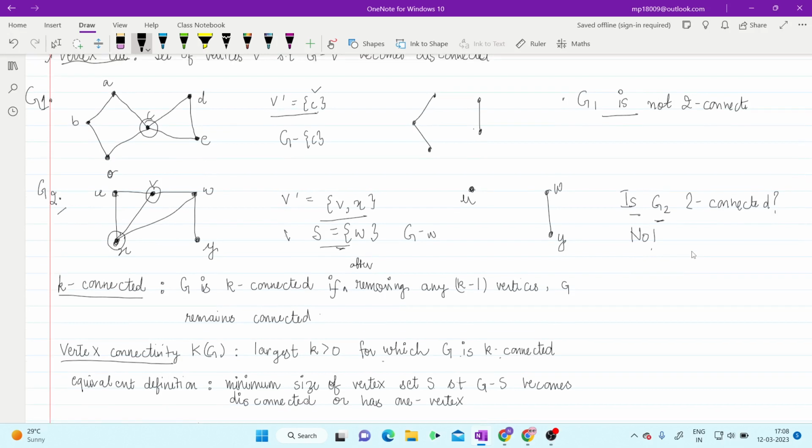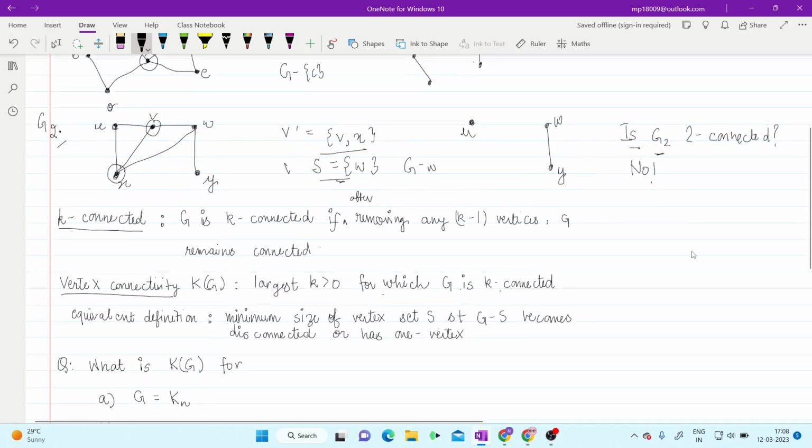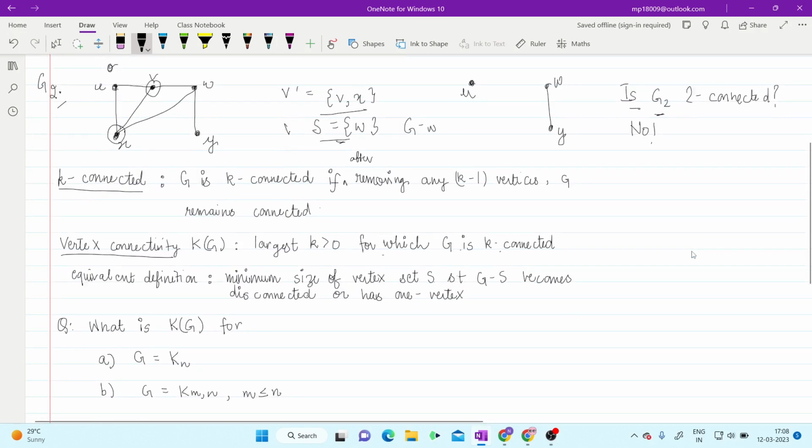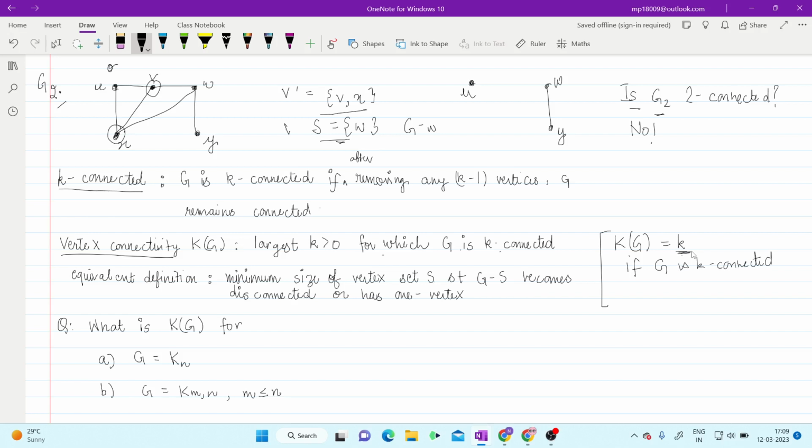In both these graphs the vertex connectivity will be 1, because G1 is not 2-connected and G2 is also not 2-connected. So basically what we are saying is that the vertex connectivity is k if G is k-connected, but this k is the largest such k. So G should be k-connected, but G is not k plus 1 connected.